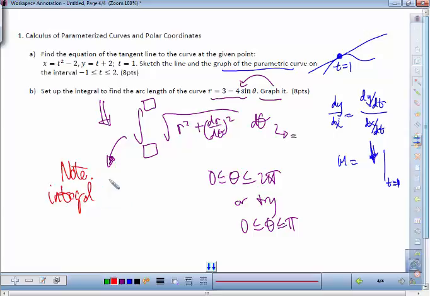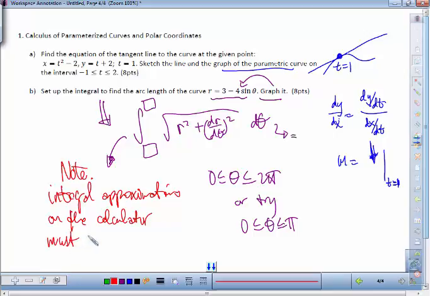Integral approximations on the calculator. Must be in function mode.